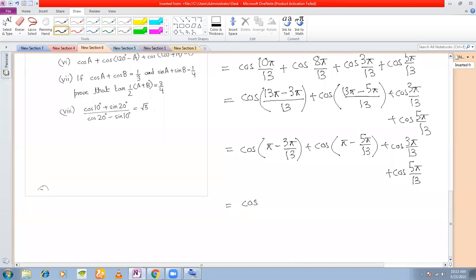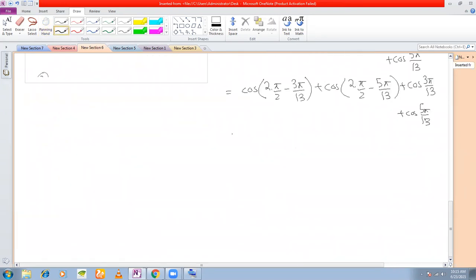Now you write this pi as an even multiple, 2 into pi by 2 minus 3 pi by 13 plus cos 2 into pi by 2 minus 5 pi by 13, and this we write as it is, cos 3 pi by 13 plus cos 5 pi by 13. Look at the first one. Even multiple, cos will remain a cos. 2 into pi by 2 minus 3 pi by 13 is in the second quadrant, where cos is negative.